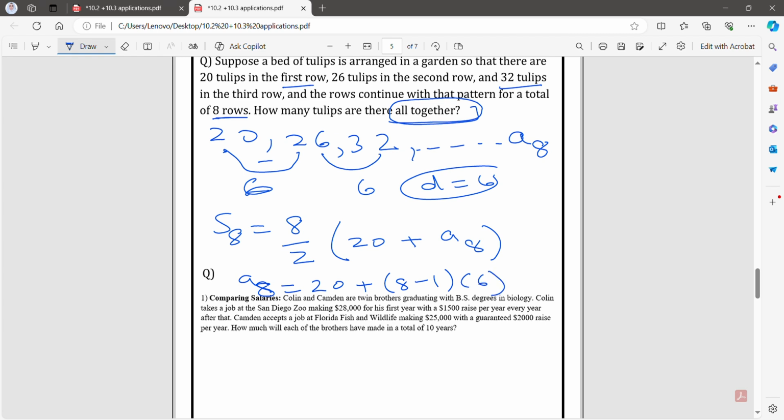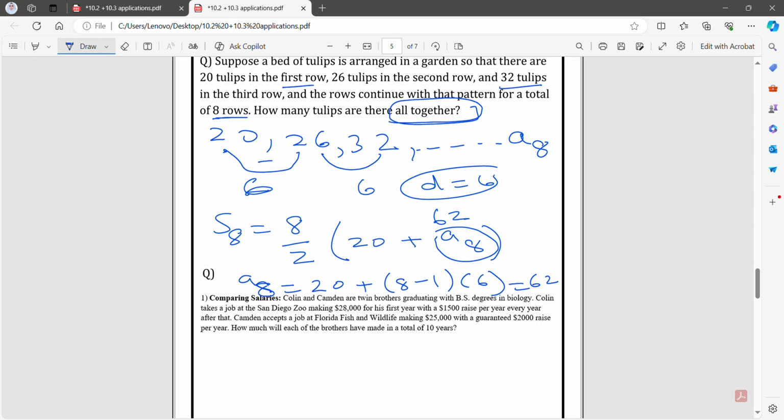Now give this to the calculator: 20 plus (8 minus 1) times 6 equals 62. So my 8th term is 62. Now just replace the values here. A8 is 62. And now give it to the calculator.